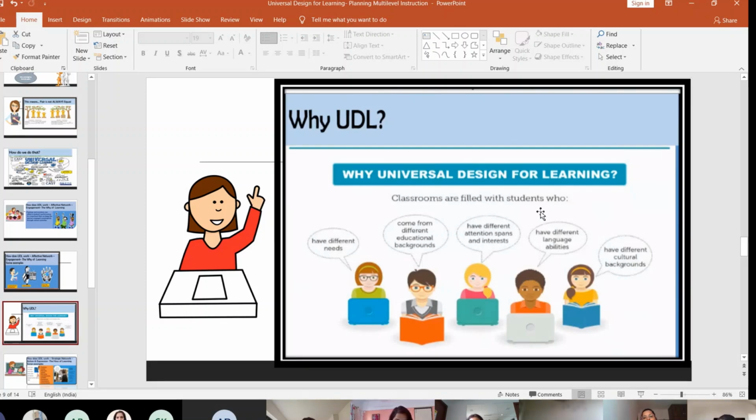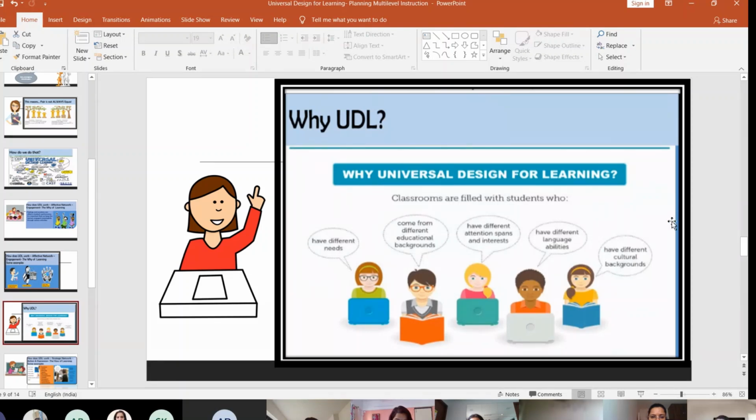They have different attention spans and interests, because when we ask the students in class how many of you want to participate in dance, many of you will say yes, and some of them will say no. That means they have different interests and attention spans.